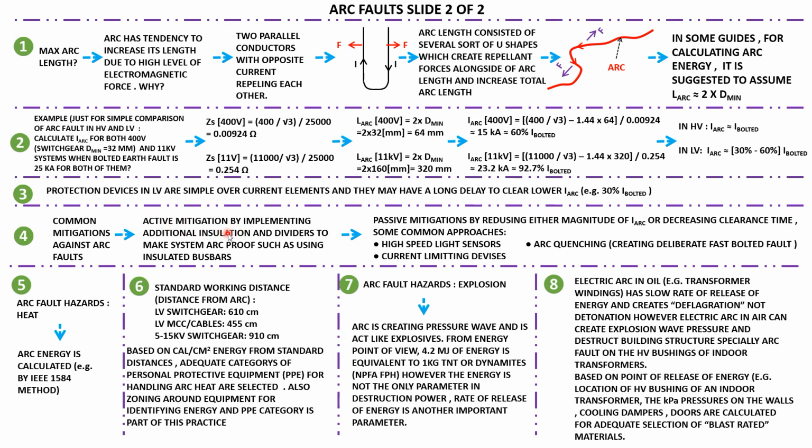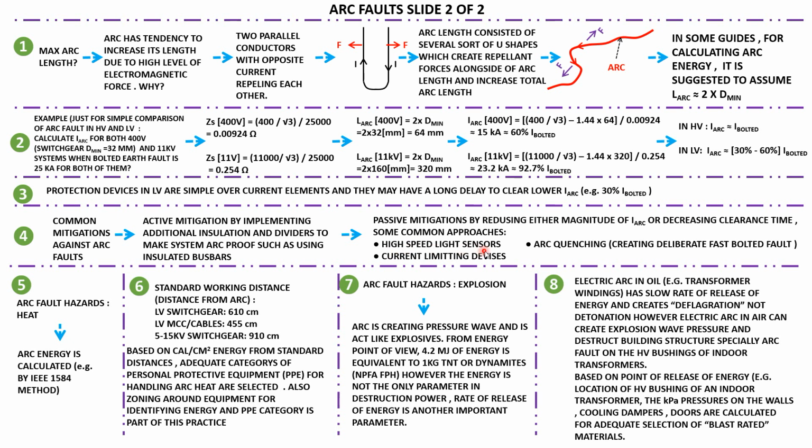Active mitigation is implementing additional insulation and dividers to make the system arc-proof, such as using insulated busbar or double insulation or other approaches. Passive mitigation is normally used by reducing either the magnitude of I arc or the clearance time, so reducing the I or reducing the T time.